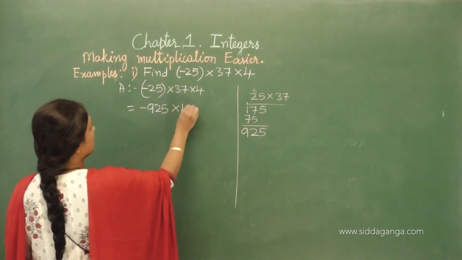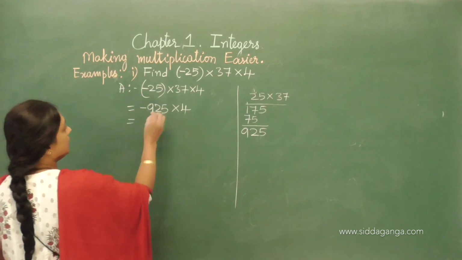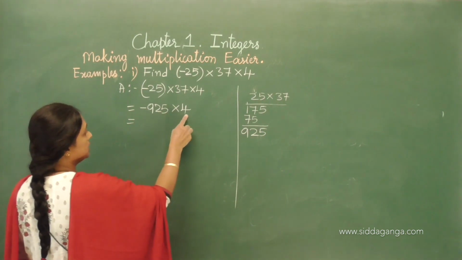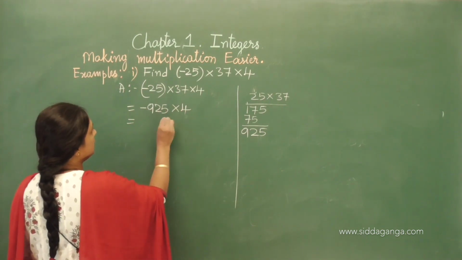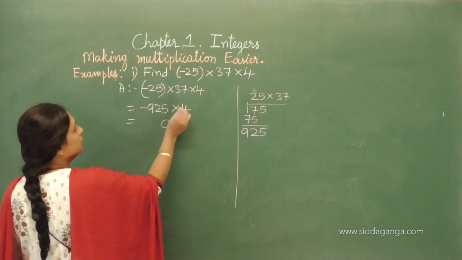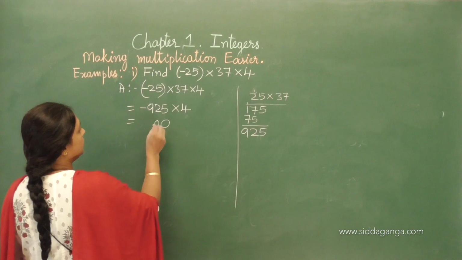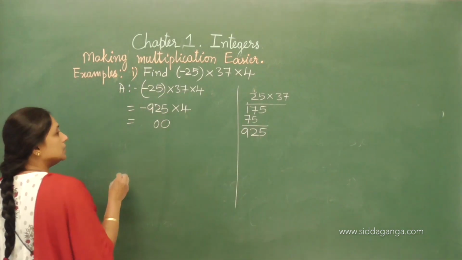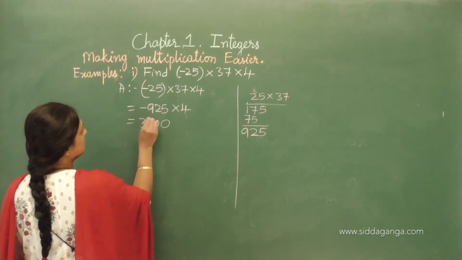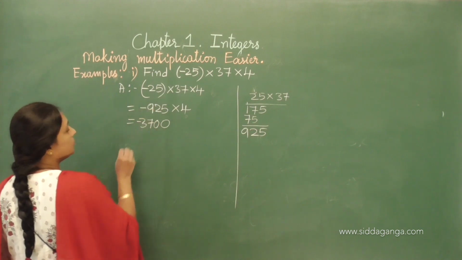It is minus 925. Then multiply this with 4. Here we can multiply with the single digit. 4 5s are 20, keep 2. 4 2s are 8, 8 plus 2 is 10, keep 1. 9 4s are 36 plus 1 is 37. Here we have minus sign.